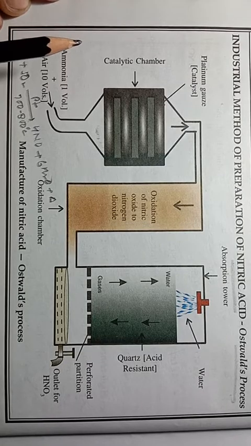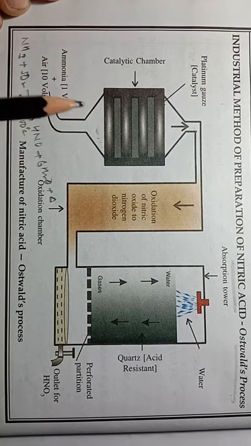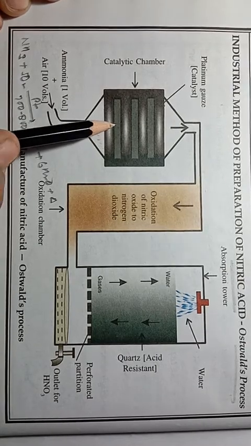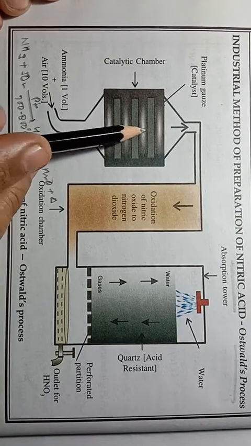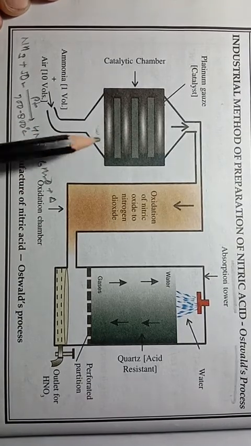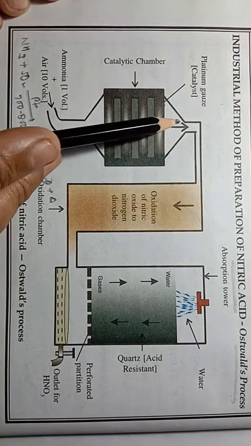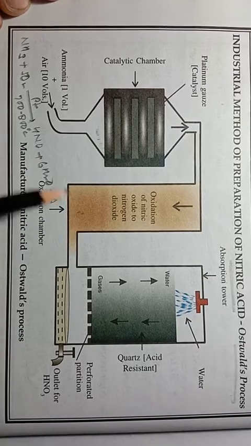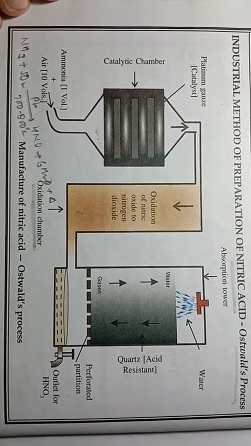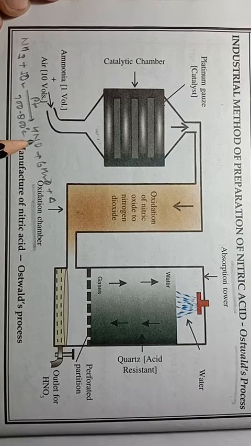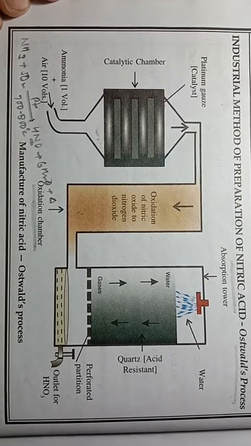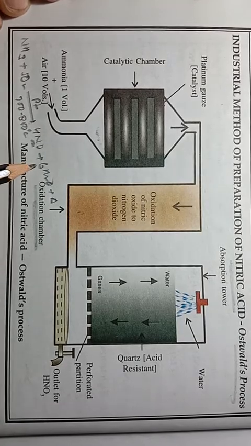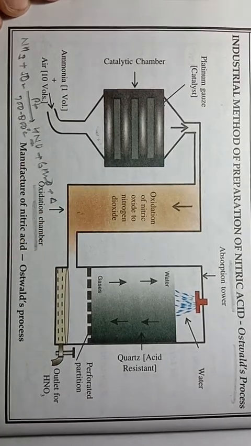Okay students, in this chamber platinum catalyst is used in the form of platinum gauze. Then from here nitric oxide reaches the second chamber, known as the oxidation chamber, and here nitric oxide is oxidized to NO2 in the presence of oxygen.